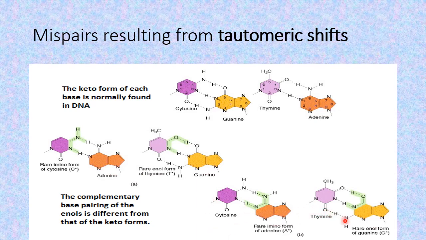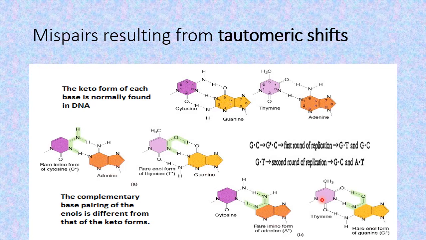And the rare enol form of guanine, instead of forming the three bonds with cytosine, will pair with thymine. So, in this manner, because of tautomeric shift, the complementary base pairing of the DNA molecule is disturbed. In the first round of replication, suppose in this case, this enol form of guanine pairs with thymine.